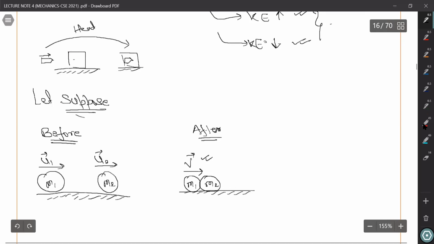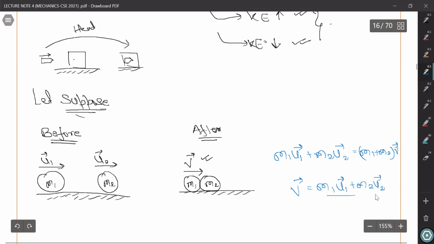So according to the momentum conservation, you can easily write m1 u1 plus m2 u2 is equals to m1 plus m2 into v. So v will become m1 u1 plus m2 u2 upon m1 plus m2.